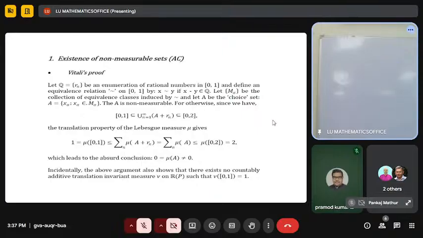So the Lebesgue measure of the unit interval is 1, and by monotonicity, this is less than this. Since it's countably additive, it will go in, and then since it's translation invariant, it will be this. And A is contained, all of this is contained in 0, 2, you will get 2. Of course, 1 is less than 2, so there's no contradiction.